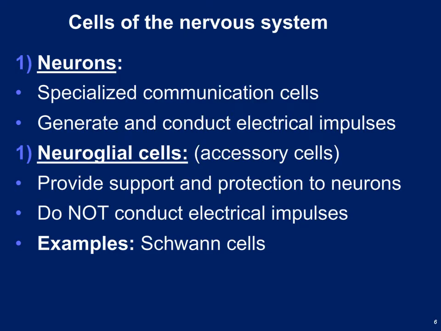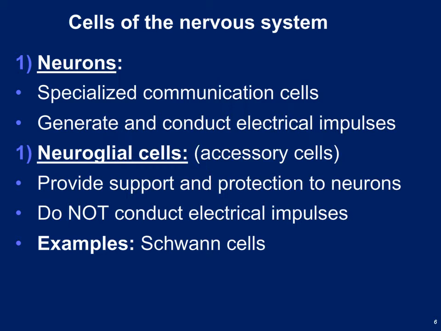So nervous tissue is pretty cellular. That is, it consists mainly of cells and not a whole lot of extracellular tissue. And the cells here include neurons and neuroglial cells. Now, neurons are cells that we've talked about before, and they're specialized for communication. They generate special action potentials, which are essentially impulses that are electrical that travel long distances throughout the body. On the other hand, neuroglial cells are sort of the accessory cells.